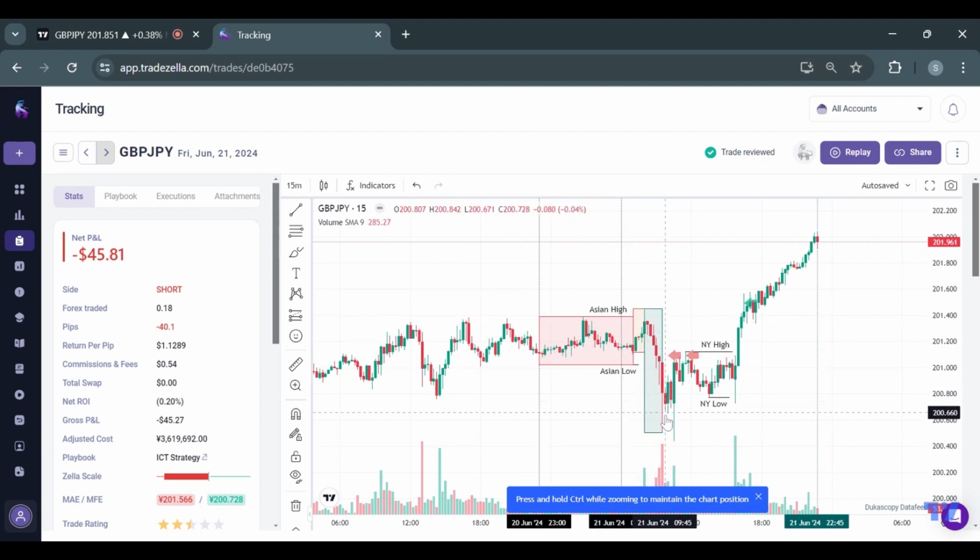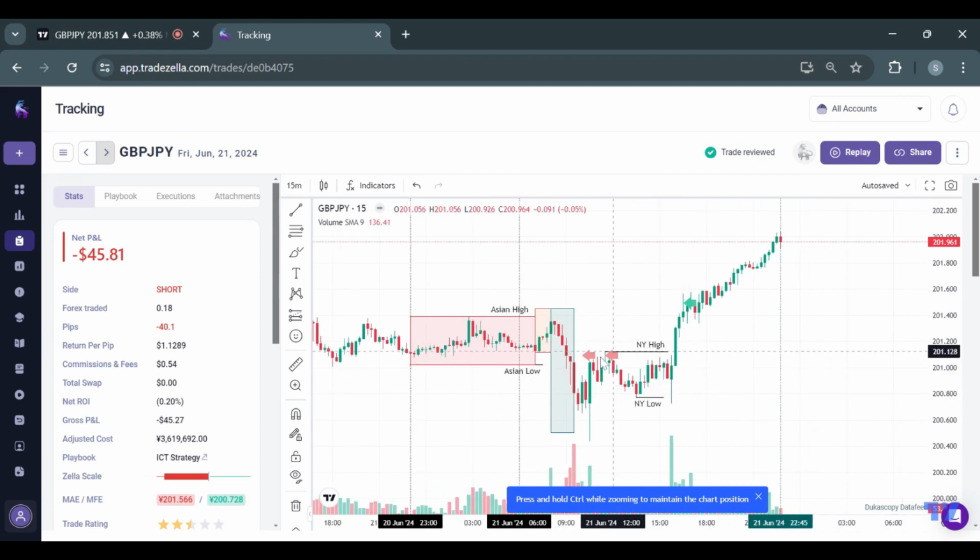I was then anticipating a retracement and then a continuation lower, just based off where we were on the high time frame. And then obviously executed this trade at this point here, near where the New York high was, and then consolidated throughout New York, and then got stopped out again just slightly after that New York open.